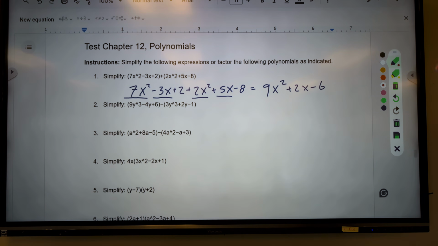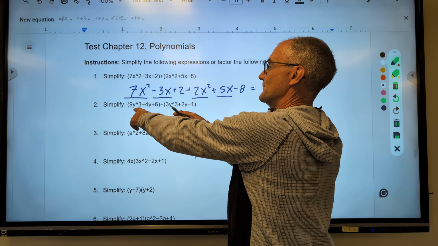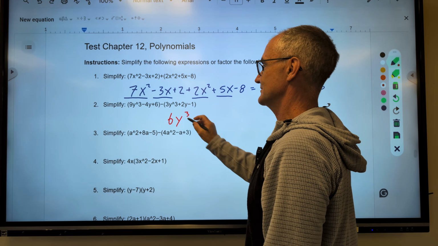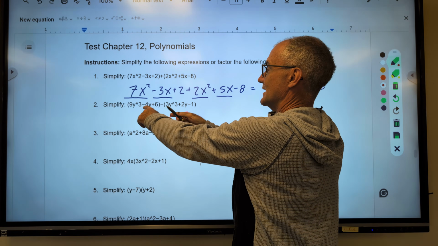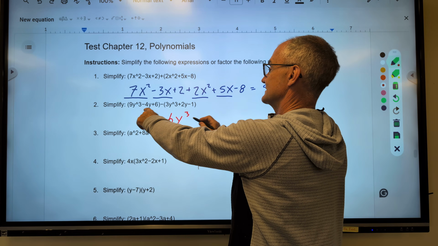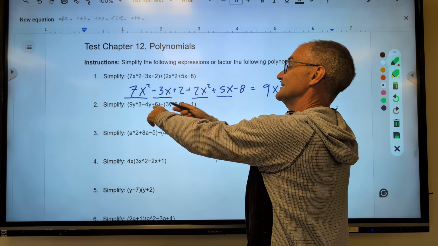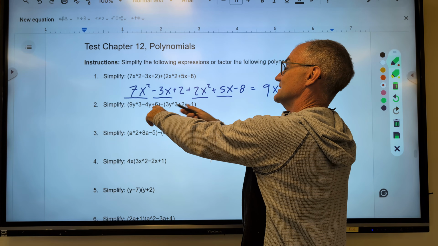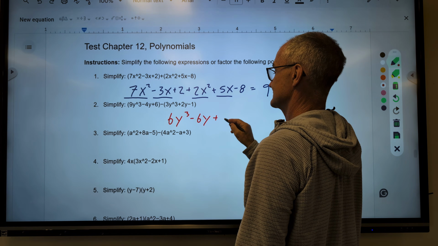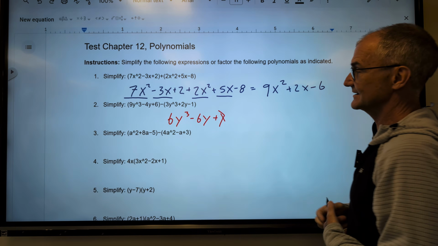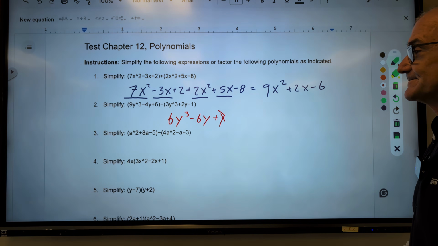Okay, number 2, I have 9y to the third minus 3y to the third. That's going to give me 6y to the third. Negative 4y minus 2y, negative 6y. 6 minus negative, that's a plus, so that's plus 7. Plus 7, not my finest handwriting there.